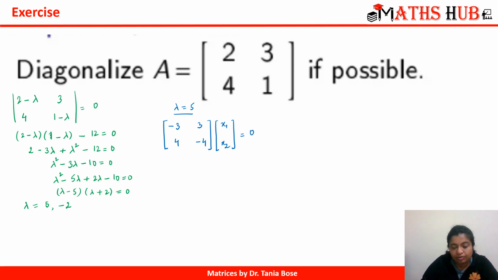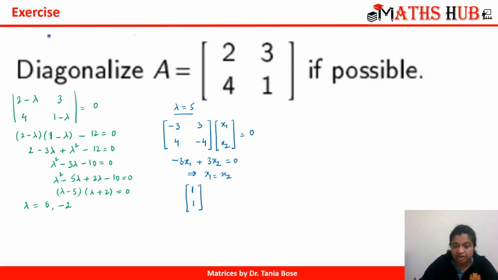You can see that both equations give the same equation, right? So minus 3x1 plus 3x2 is equal to 0. In this case, x1 is equal to x2, so I get the eigenvector as 1, 1.